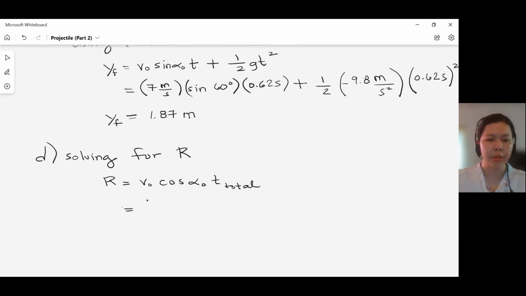V naught is 7 meters per second, times cosine 60 degrees, and T total is the time to reach the highest point times 2.